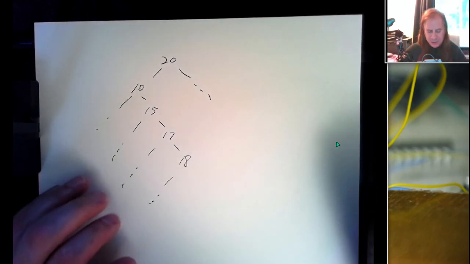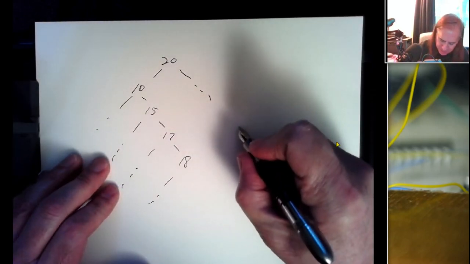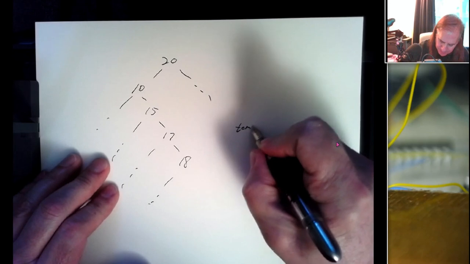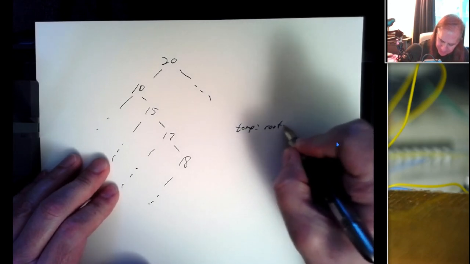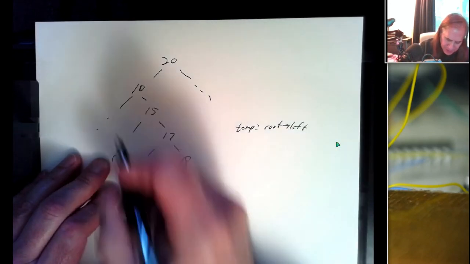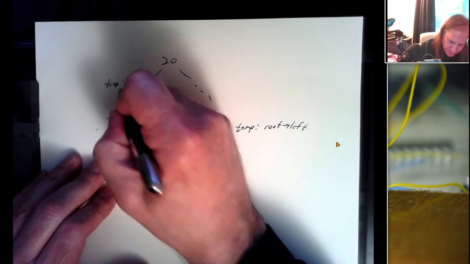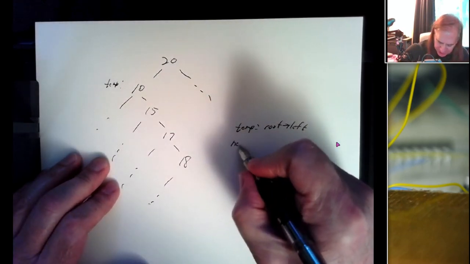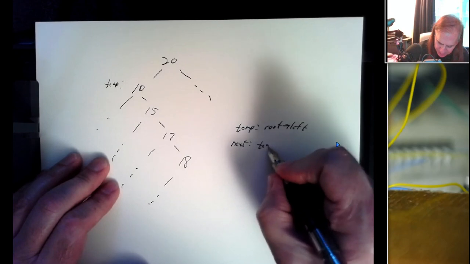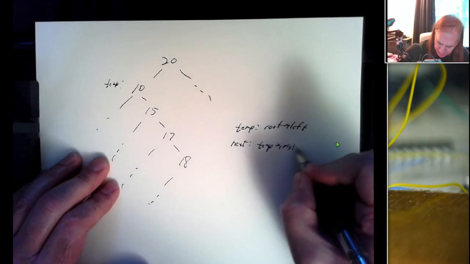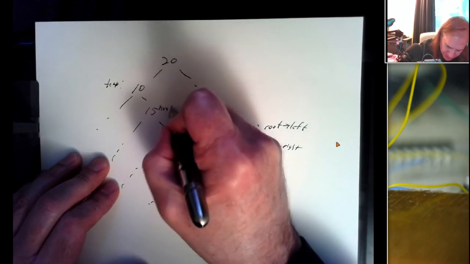So there's a general tree. So we could say something like, temp equals root left. So temp is sitting right here. And then we could say next equals temp right. So this is next.